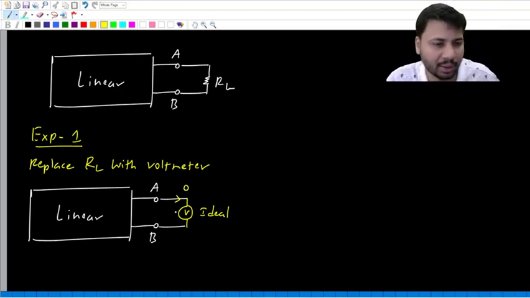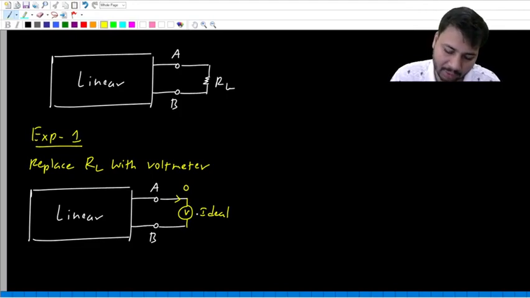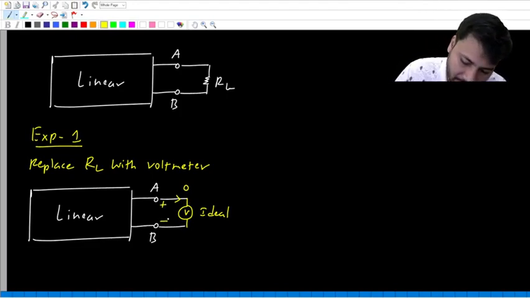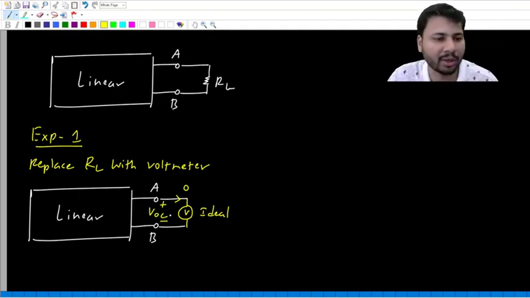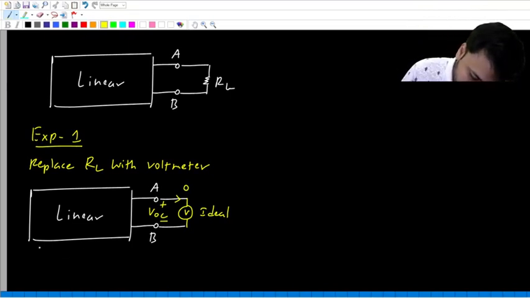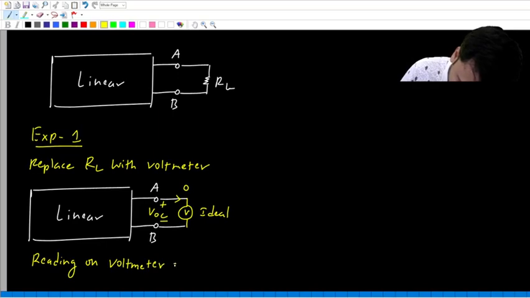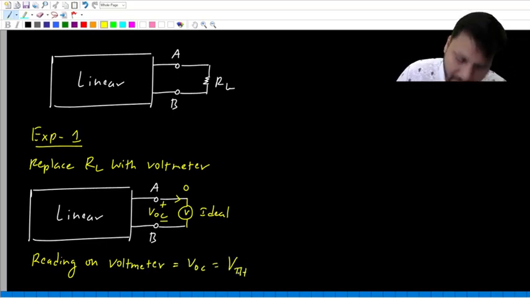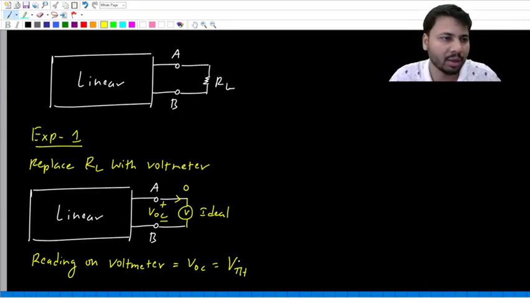So in other words, the load has become an open circuit. Now this voltmeter will measure the voltage across this open circuit. So the reading on the voltmeter will be VOC, and VOC is nothing but the Thevenin voltage.